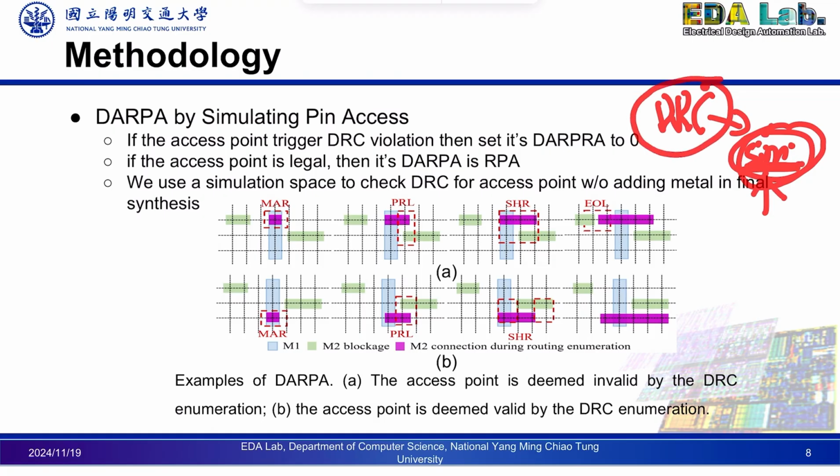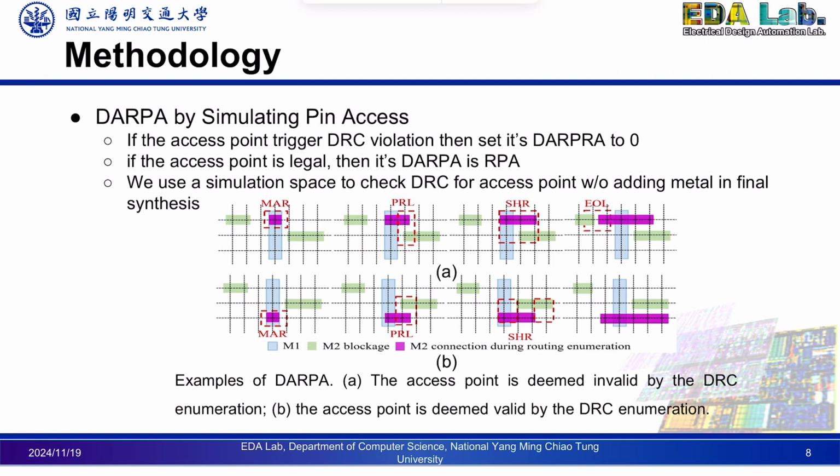The DRC constraints will automatically force it to achieve a valid solution. For example, if we want to check whether this point is valid or invalid, we can create a variable in the simulation space here. Because the DRC rule will force it to satisfy the minimum area rule, it may extend to the right.